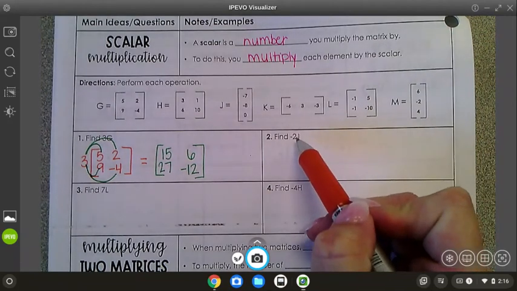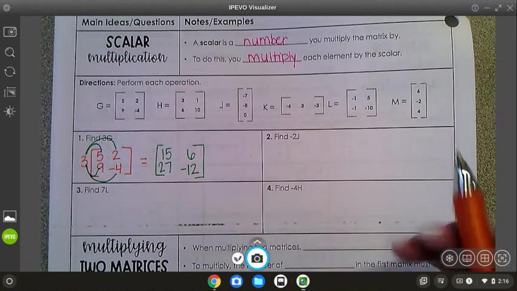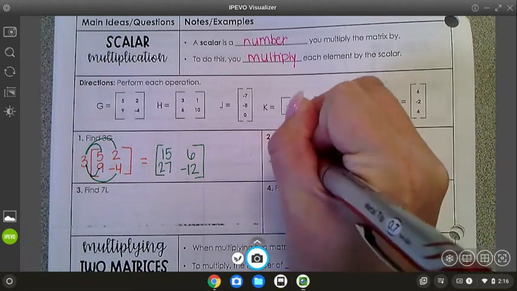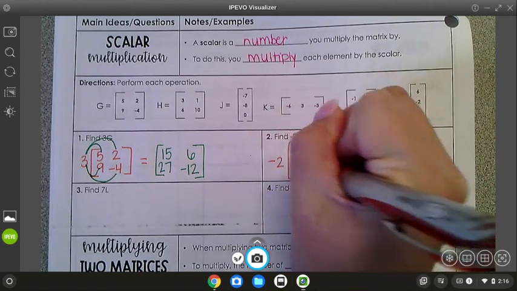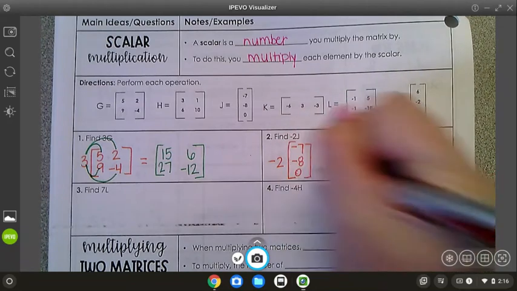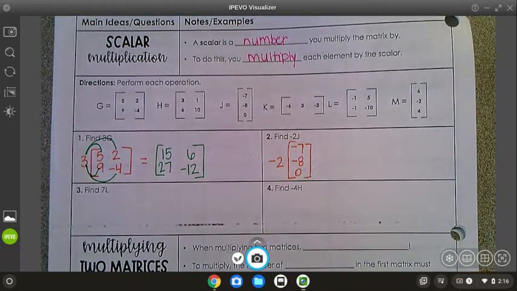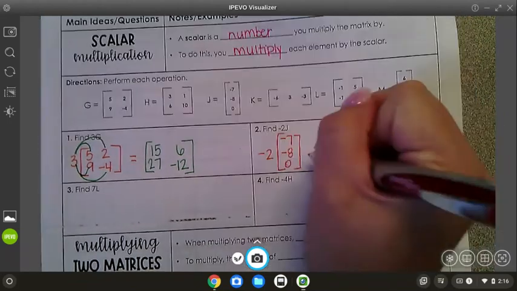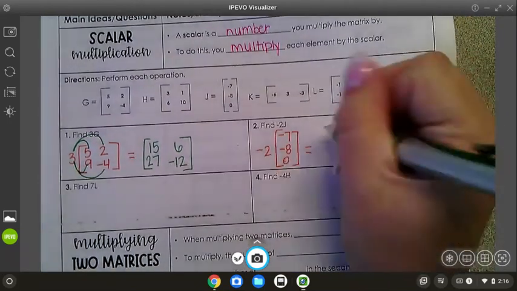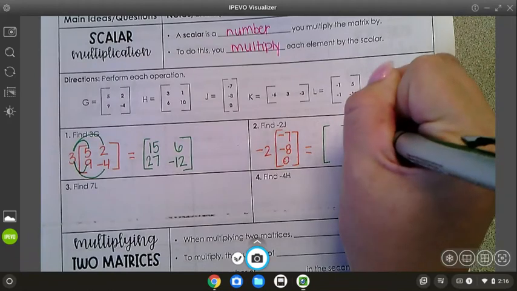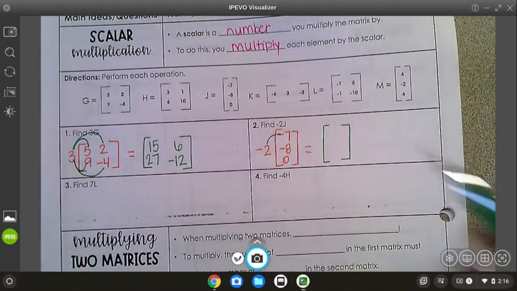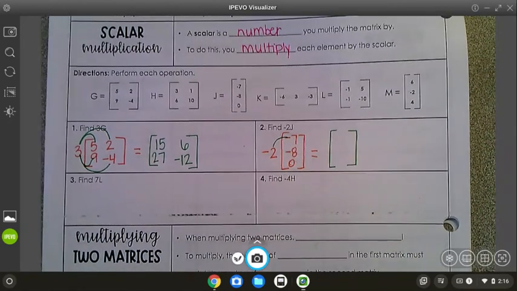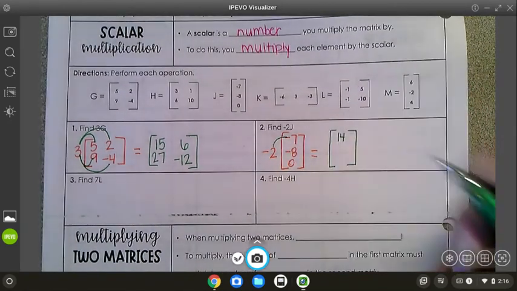Number 2, we're doing negative 2. My scalar is negative 2 times J. So I'm just writing in negative 2 in matrix J. And my answer is going to be just the same size as matrix J. So negative 2 times negative 7 is 14.